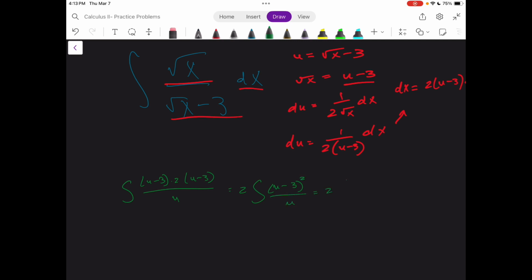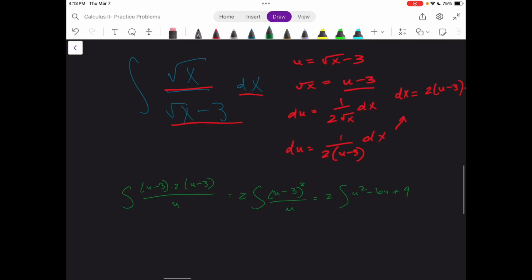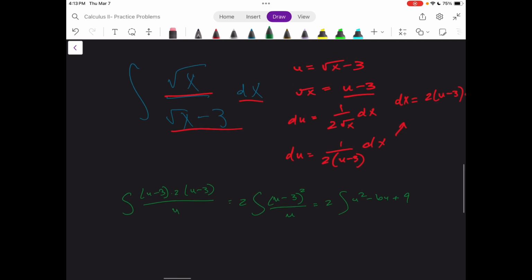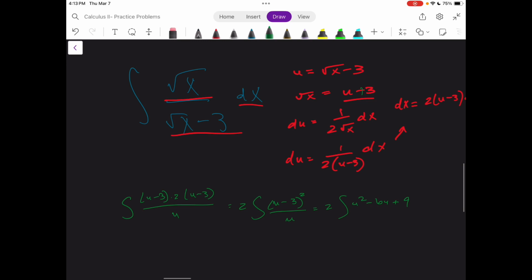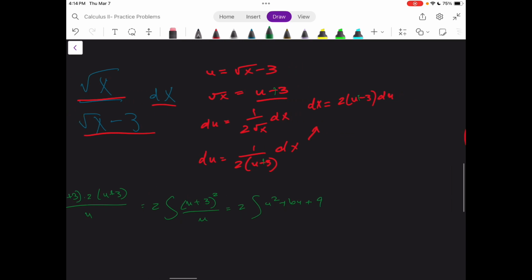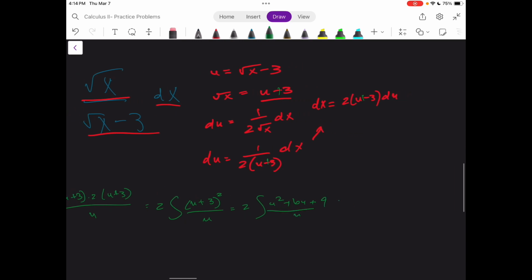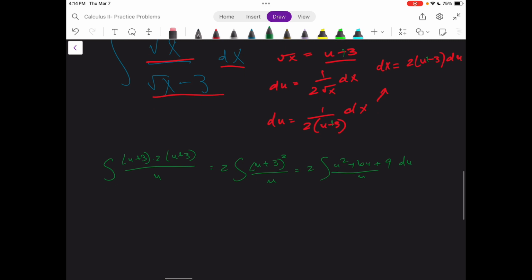And actually what we're going to do is just fully distribute that into u squared minus 6u plus 9. That's all over u, and of course we have that du. So this turns into 2.